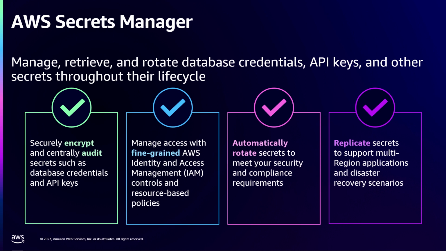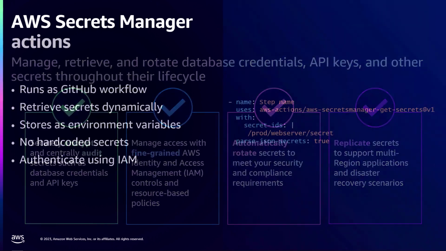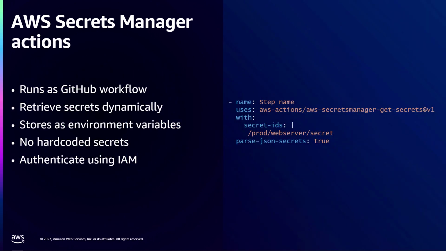So Secret Manager is the key in order to store your credentials instead of storing them statically in your Git repository and so on. But how you actually do that, this is where we worked together with GitHub, where we created these Secret Manager actions. So if you are using GitHub, of course you know GitHub workflows or GitHub Actions.